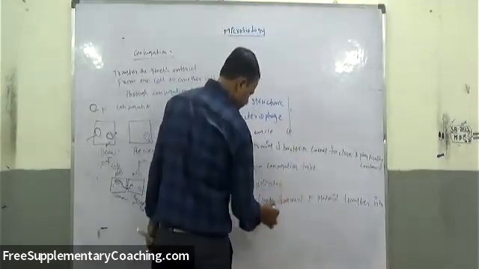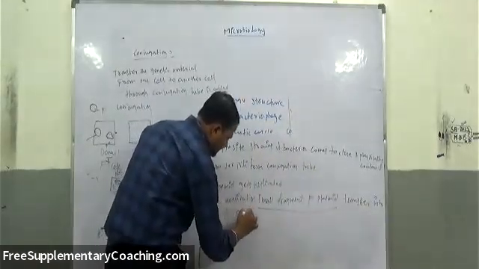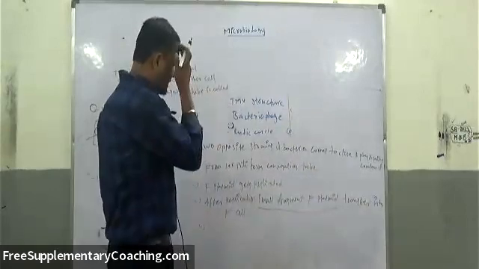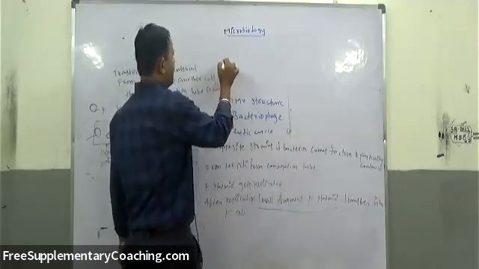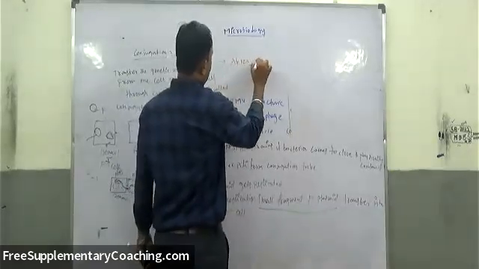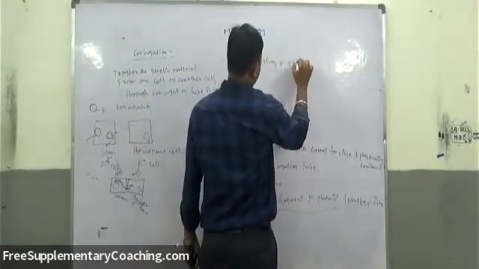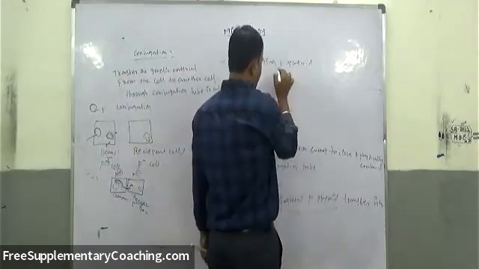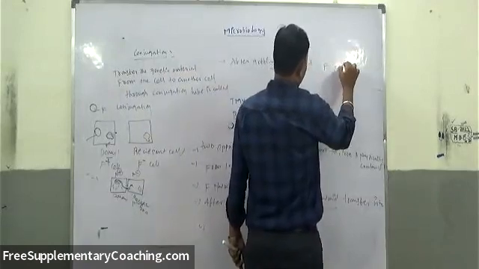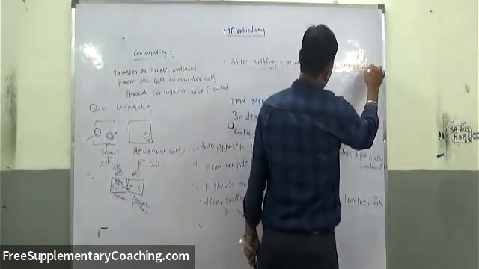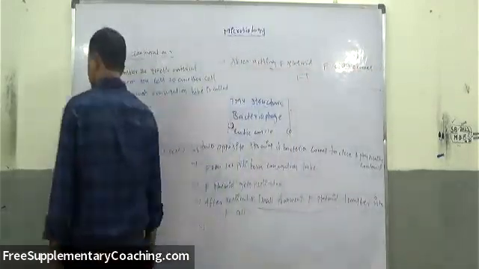After getting the F plasmid, the F minus cell becomes F plus.